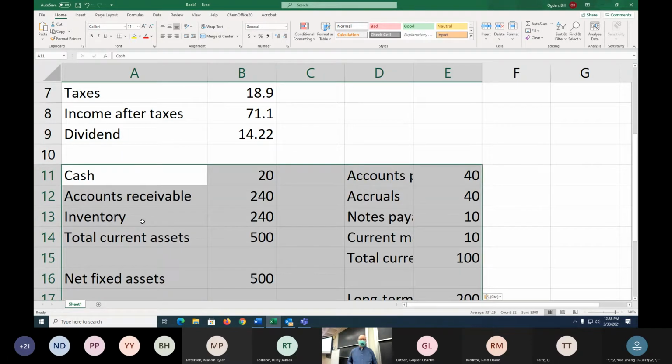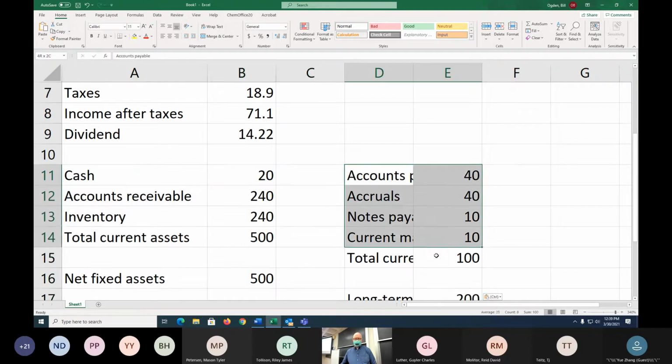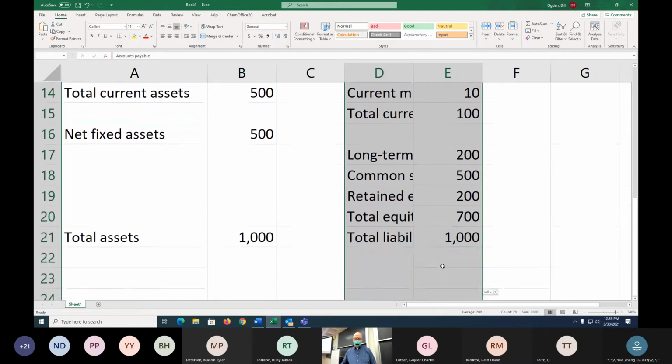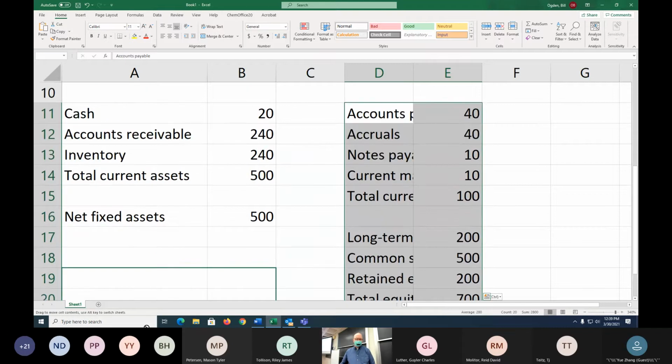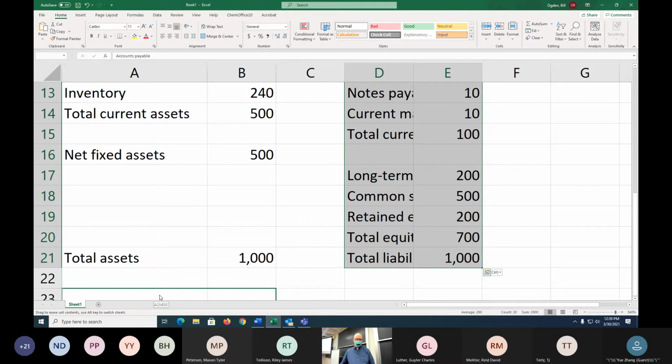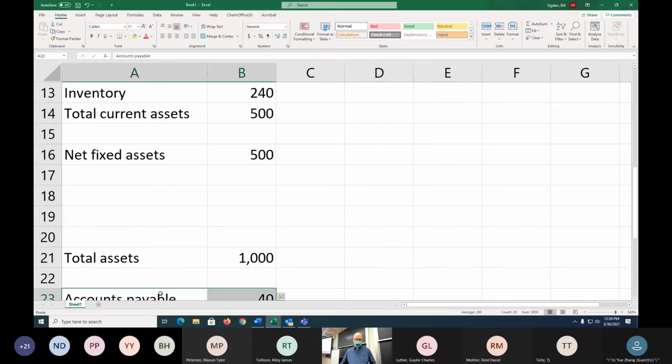Okay. Now what I'd like you to do is, instead of using a left-right orientation, let's use a top-bottom orientation. So let's take the right side and move it such that it is just below the left side. All right, like one down below here would be good.